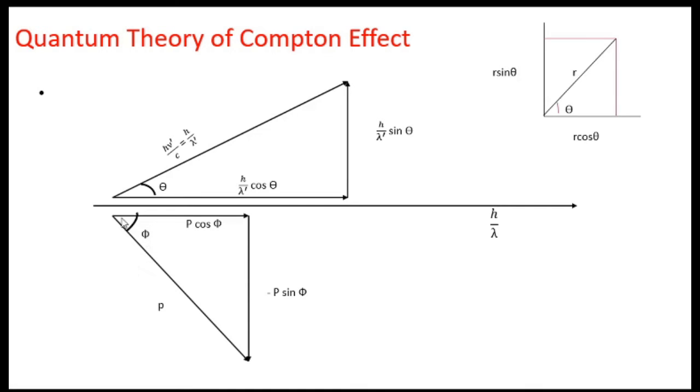So, its component along the x-axis will be p cos of minus phi, but cos of minus phi is equal to cos phi. And its component along the y-axis will be p sine of minus phi, but sine of minus phi will be minus sine of phi. So its component along the y-axis is minus p sine of phi.